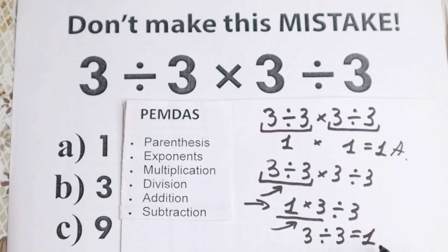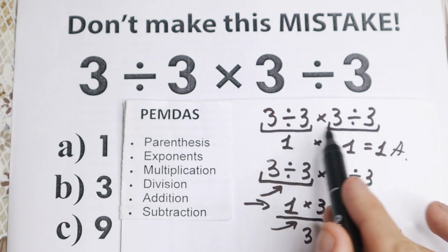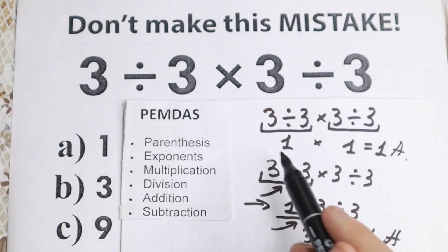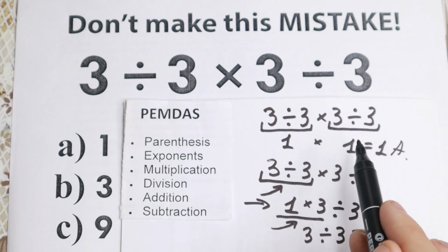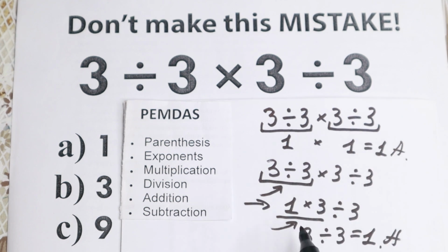So our 1 is the same as the first way, but here we didn't apply a different order of operations, we just divide here and multiply here. This is a correct solution to this problem according to PEMDAS. It happened that we got the same answer, 1 and 1, which is good, but this solution is the correct one.